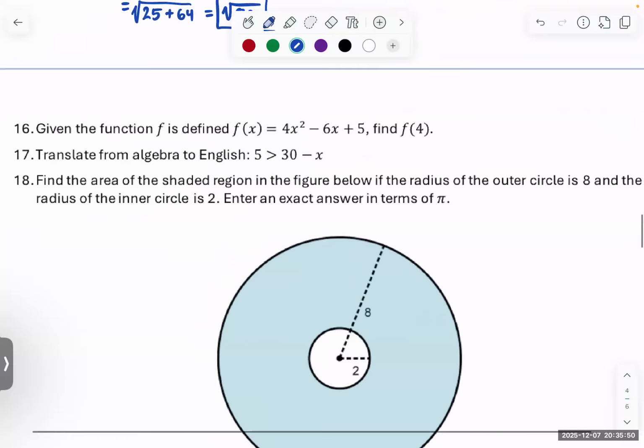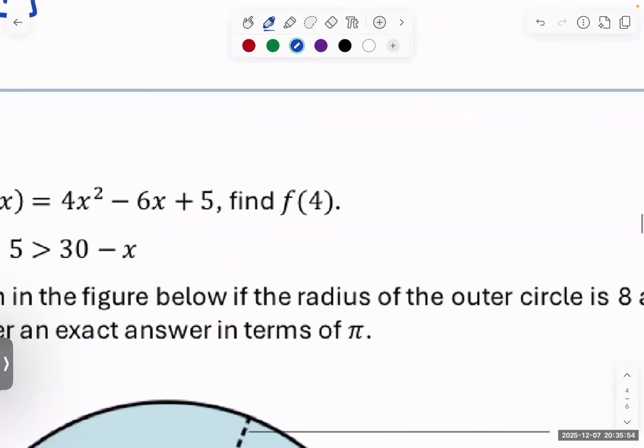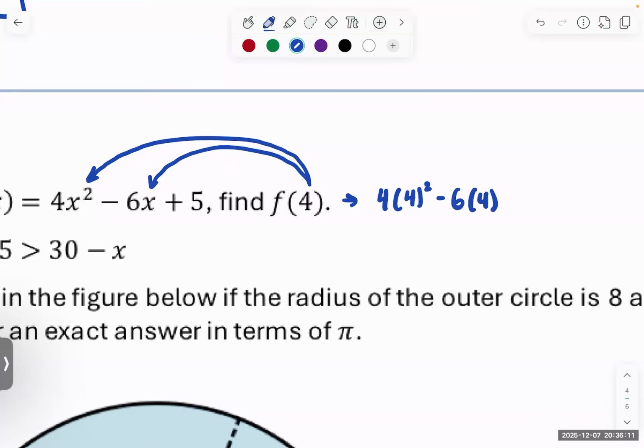Given the function is defined, find f of 4. So that's your input. That means plugging in 4 for where you see x. So this becomes 4 times 4 to the power 2 minus 6 times 4 plus 5.